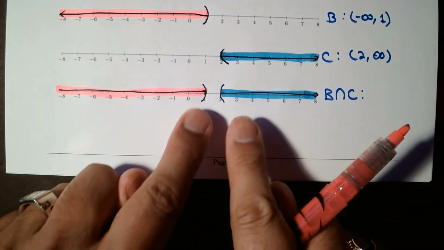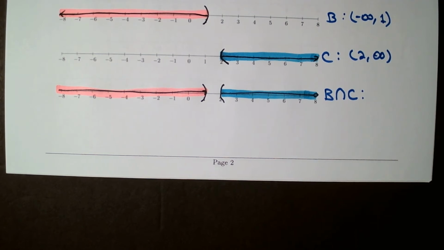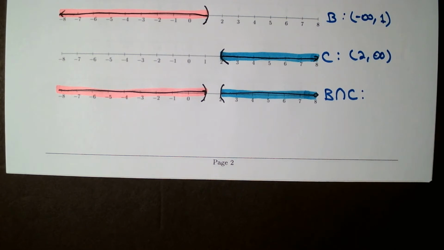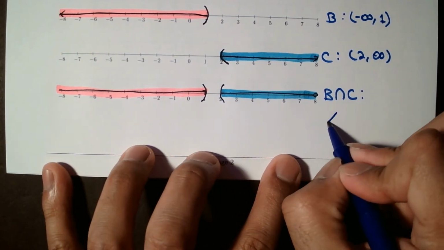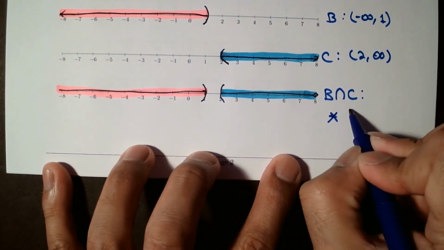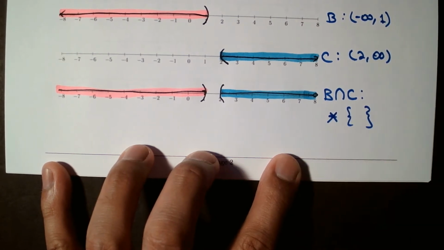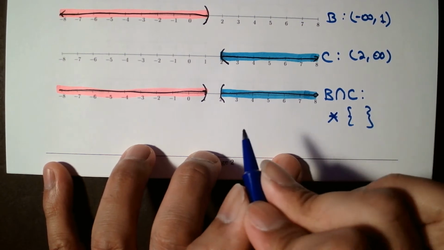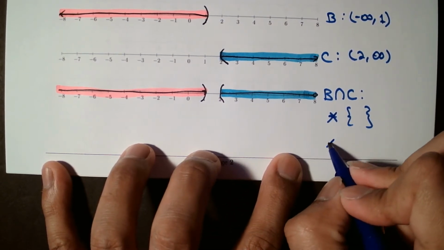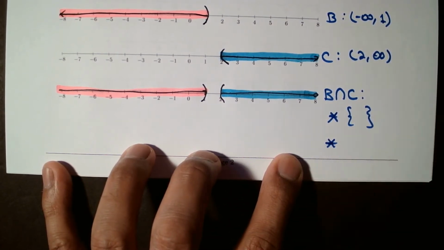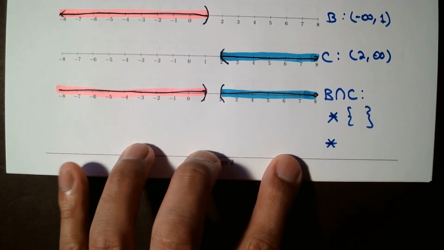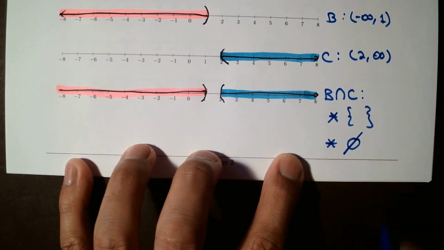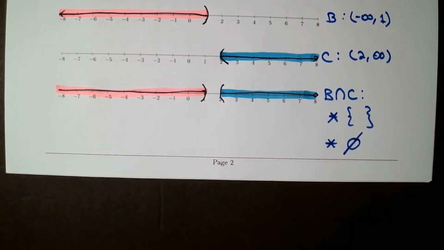However, nothing in this case intersects. So how are we going to denote this? There are two ways. Number one, curly braces with nothing inside of it, which means empty set because there's nothing intersecting. The other option, and you might see either of these two when you do the homework, is an O with a diagonal like this, which also means empty set.